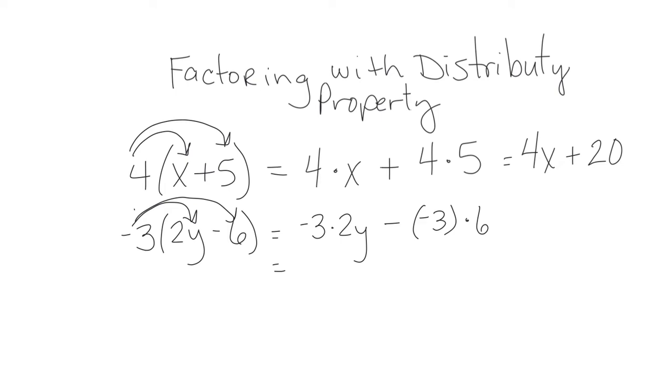So negative 3 times 2 gives me negative 6y minus negative 18. But in math, we don't like the double negatives. We know that that is a no-no. So we tend to look at a negative times a negative right here makes a positive. So we can rewrite that as negative 6y plus 18.